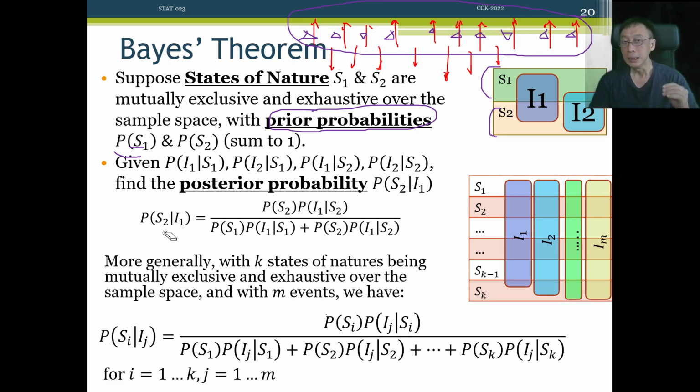Yeah. So now that we understand Bayes' theorem, essentially, given the 6 numbers, it reverses the conditional probabilities from one that is given S1, S2 happened to one that is given I1, I2, I3 has happened. Now, why is this useful?